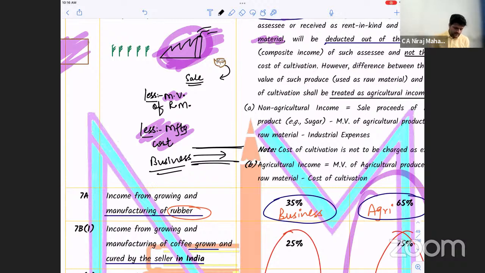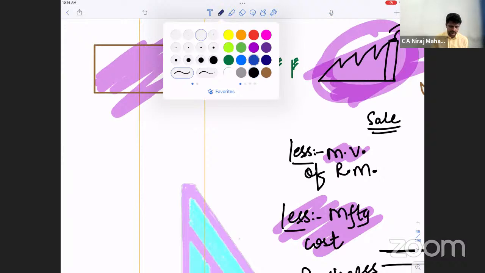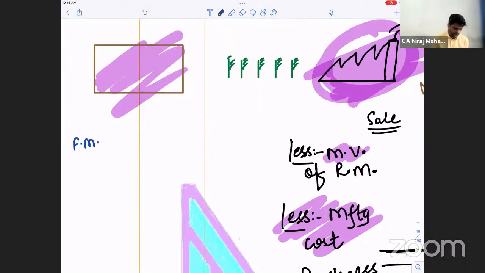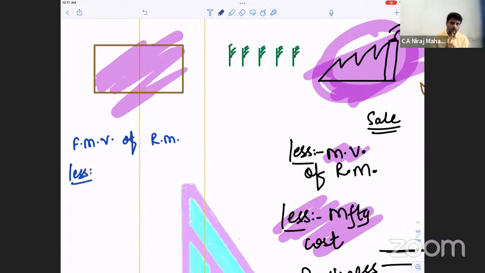So there is also agricultural income. What is my agricultural income? In very simple language, it is the fair market value again of raw material. Basically, it is like an opportunity cost. Remember opportunity cost? If I would have sold this in the market, how much would I have earned? That price, less the actual cost of cultivation.